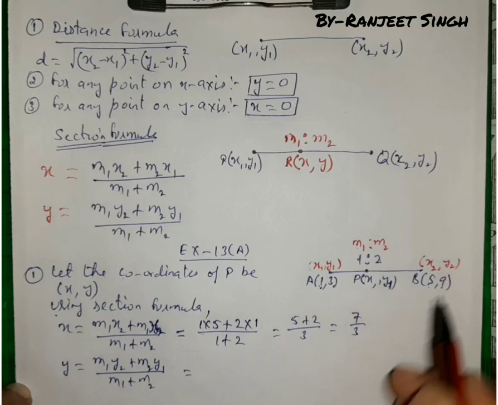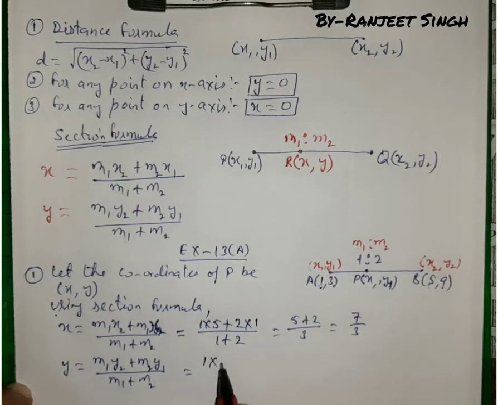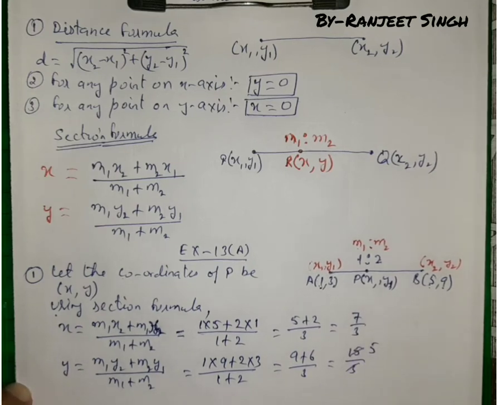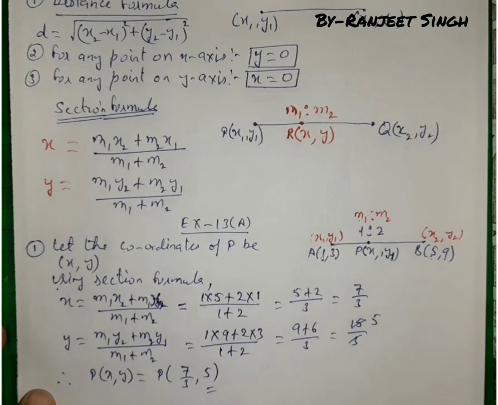So 1 multiply 9 plus 2 multiply 3 over 1 plus 2. So 9 plus 6 over 3, that is 15 over 3, so 5. Therefore the coordinates of point P, x comma y, are 7 over 3 comma 5. So this is our answer in this case.